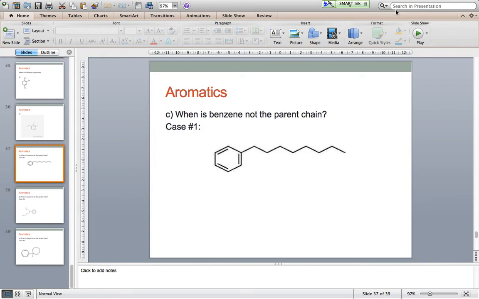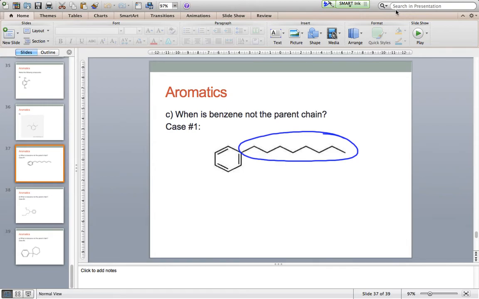When is benzene not the parent chain? Well, the first case is when what looks like a branch is longer than 6 carbons. So right now, just looking at this molecule, it looks like this giant mess of a line diagram is our branch. Looks like it.